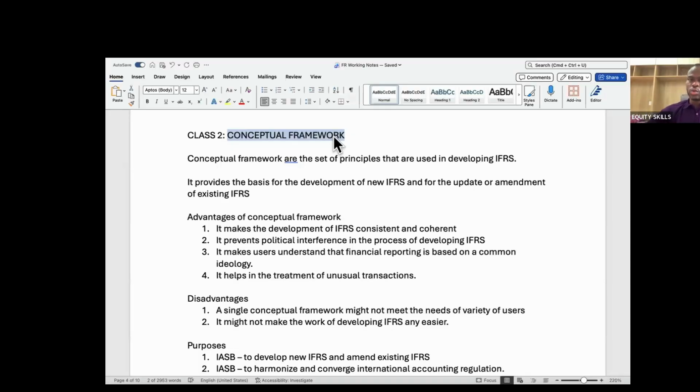Remember in our class 1, we established that IFRS are principle-based reporting, meaning that they are developed from a set of principles. Those set of principles on which IFRS is developed is known as the conceptual framework. And we learned that last week.